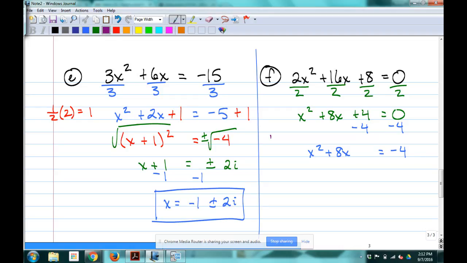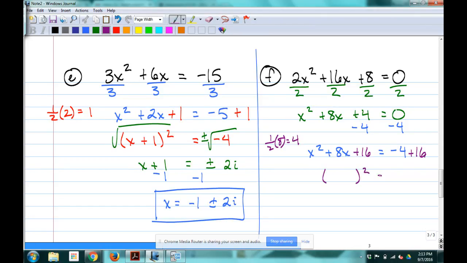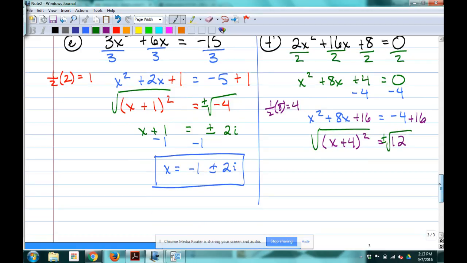Half of 8x is 4, so I'm going to add 16 to both sides. 12 on the right-hand side. Left-hand side factors as (x plus 4) squared. Good job. And now we take the square roots. Two radical 3.